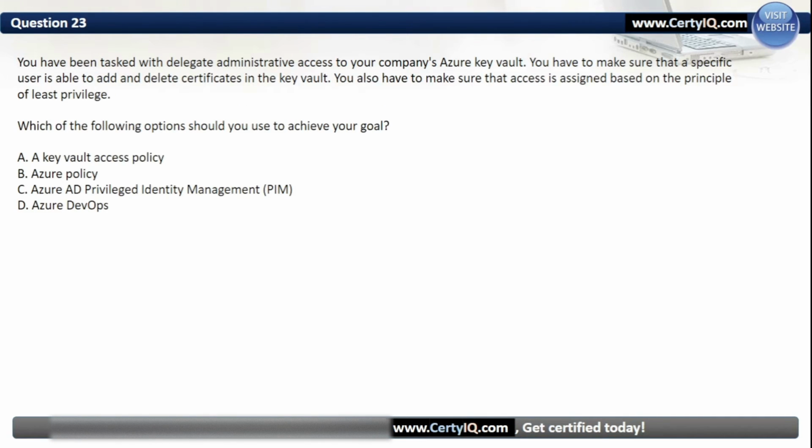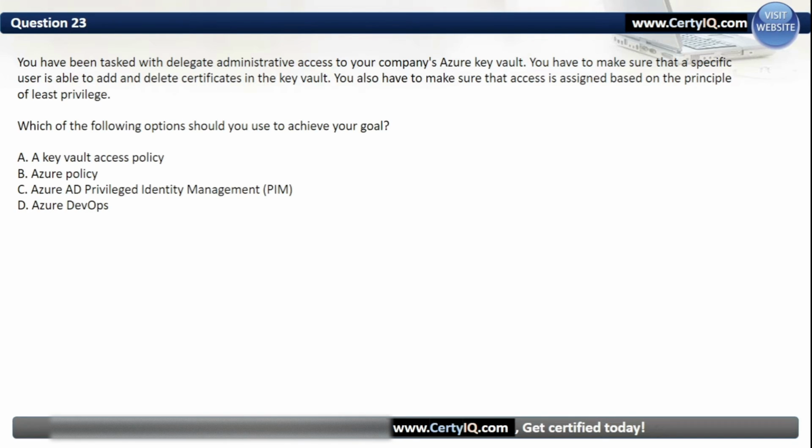Question 23. You have been tasked with delegating administrative access to your company's Azure Key Vault. You have to make sure that a specific user is able to add and delete certificates in the Key Vault. You also have to make sure that access is assigned based on the principle of least privilege. Which of the following options should you use to achieve your goal?